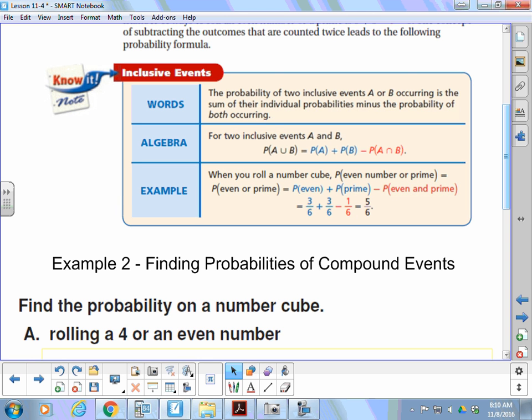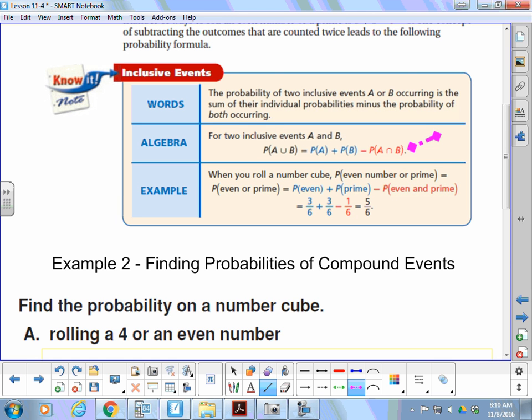So we have the probability of A plus the probability of B again, just like with the mutually exclusive, except we have to subtract the intersection. Anything that's in both groups, we have to subtract those.